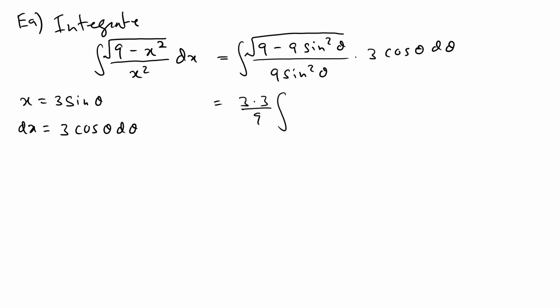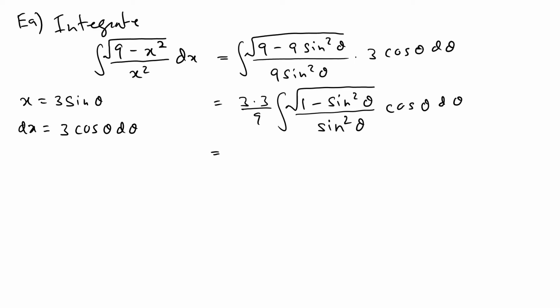Those are the 3 terms that you get. And then we have the square root of 1 minus sine square theta. In the bottom you're going to see sine square theta, and we have cosine theta d theta. Some steps are not really necessary, but I'm writing it for completeness. And then you can see 3, 3, 9, all those get cancelled.